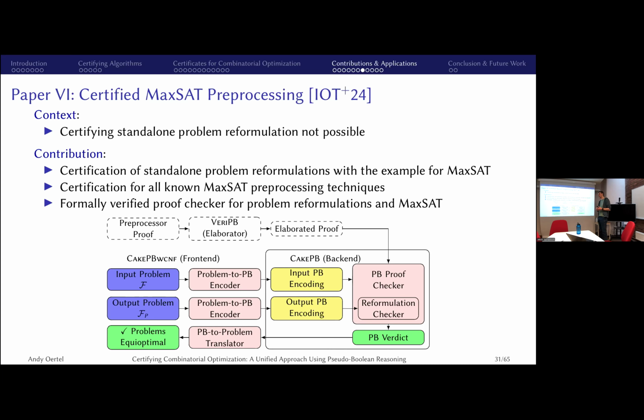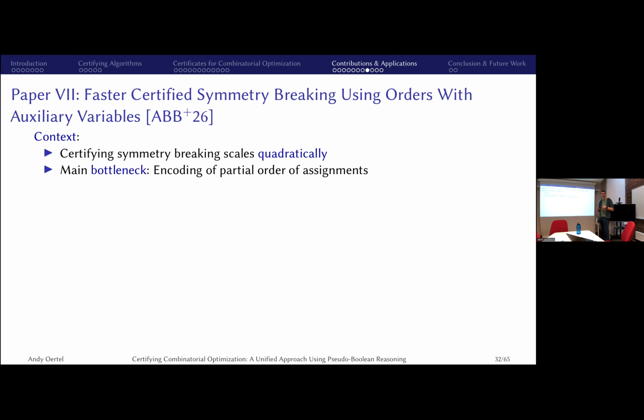Then in paper 7, we looked at symmetry breaking, and the current state-of-the-art symmetry breaking before this paper scales quadratically in the size of the symmetry, or the running time of the solver. And as we've seen before, we want to have everything just linear.